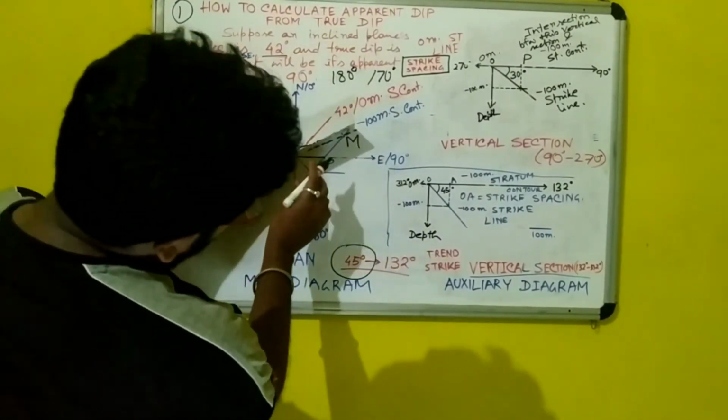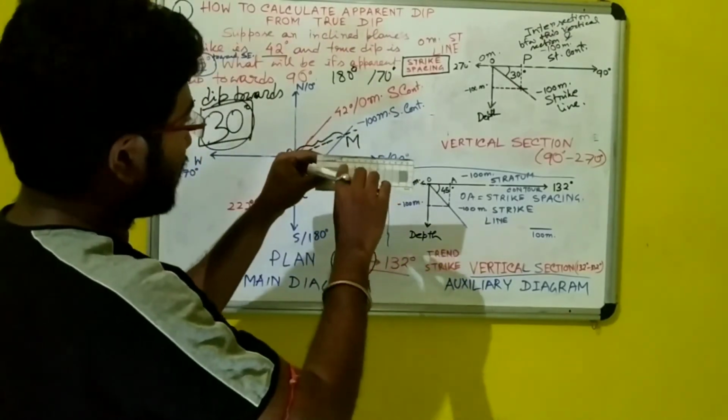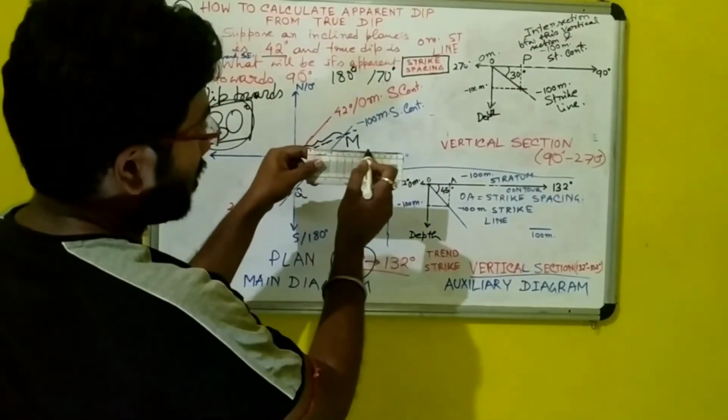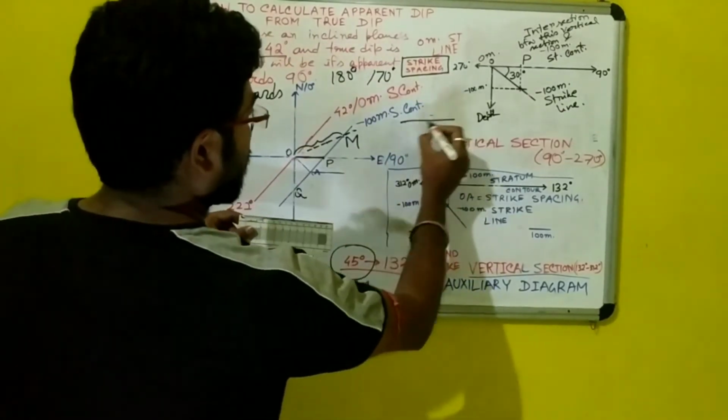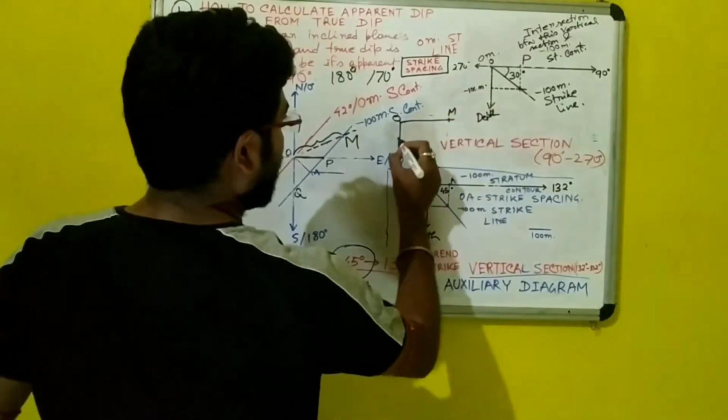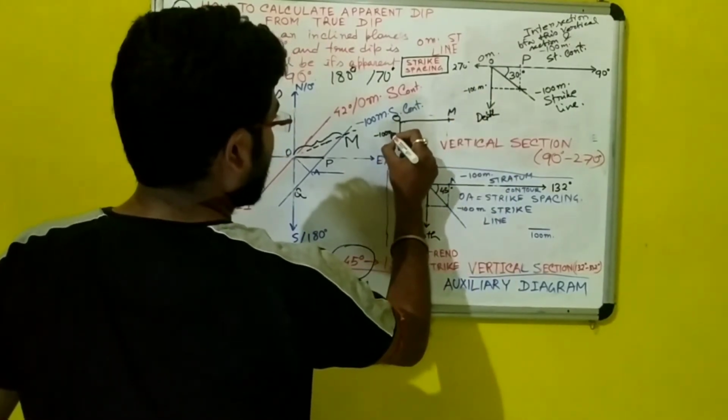On this vertical plane I will measure. So on this vertical plane, this OM, suppose this is O, this is M, and this is the minus 100 meter level.